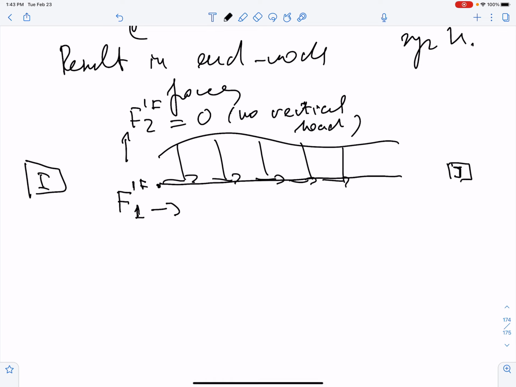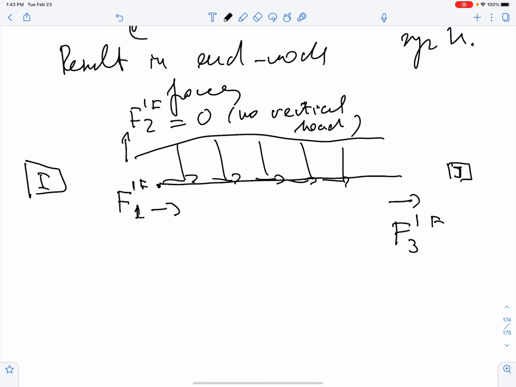Load. Okay, the truss element doesn't know how to take a vertical load. Okay, that's the point. Right? And on this end, you have f prime f3, right? And f prime f4, again, because there's no vertical load, this guy equals 0. Okay.